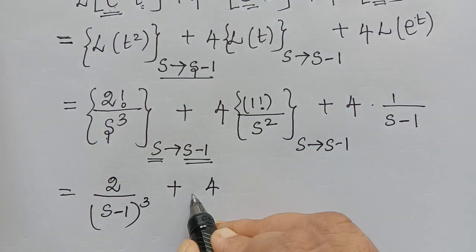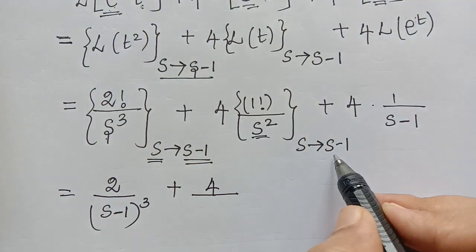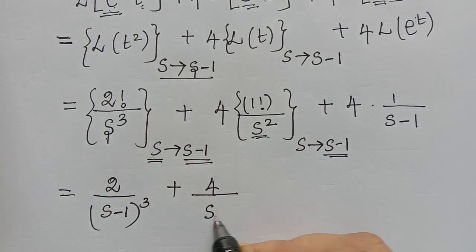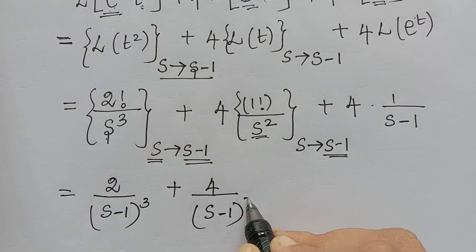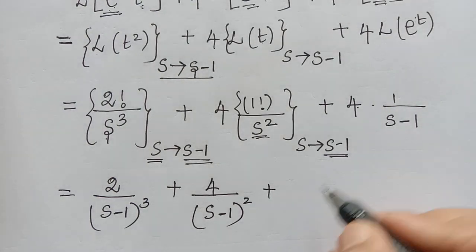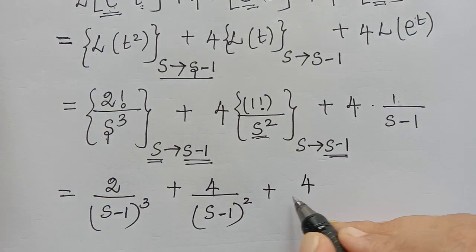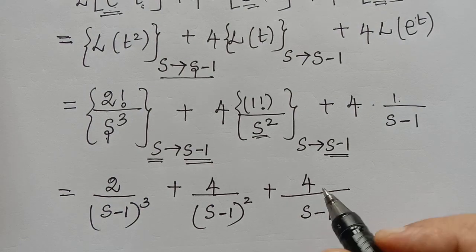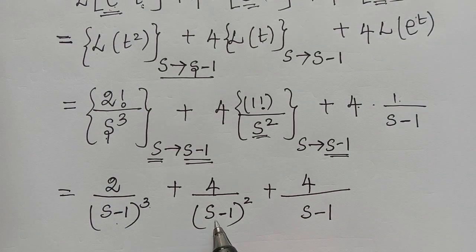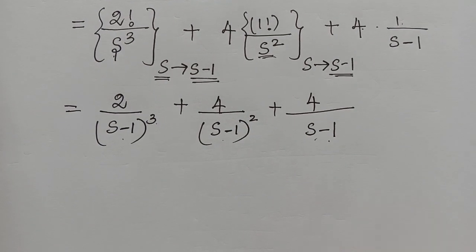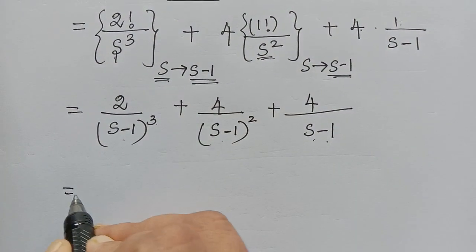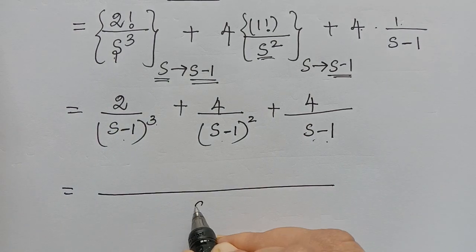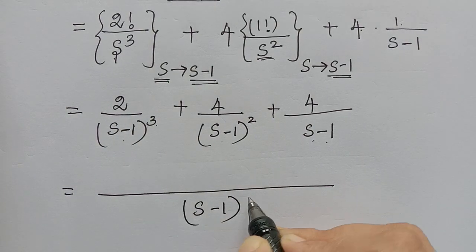So 4 divided by, s has to be replaced by s minus 1, so (s minus 1) the whole square, plus 4 multiplied with 1 is 4 divided by s minus 1. We can observe that we have (s minus 1) cube here, square here, and s minus 1 over here. And so we can take the LCM. The LCM will be (s minus 1) the whole cube.